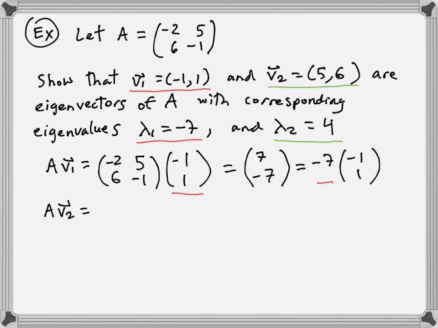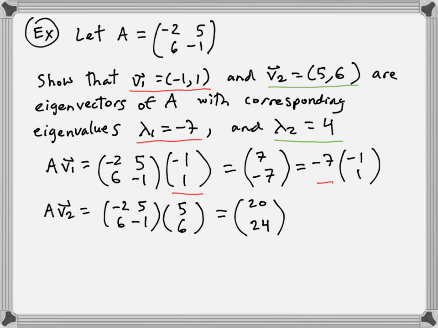What happens when you multiply A times V2? We have [-2, 6; 5, -1] and then [5, 6]. What do we end up with? So we have -10 plus 30, that's 20. And then 30 minus 6 is 24. We notice that this is 4 times the vector that we plugged in, right?